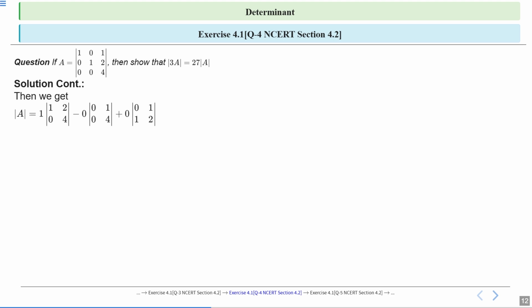And that's the reason we take a column or row in which more 0s are present, because when we multiply 0 with that determinant, we don't even need to find the determinant of that matrix. As we know, when we multiply a number with 0, it already becomes 0. Okay. So we only need to find the determinant of matrix 1 2 0 4 and multiply with 1. And that's the reason we choose column 1 to expand.